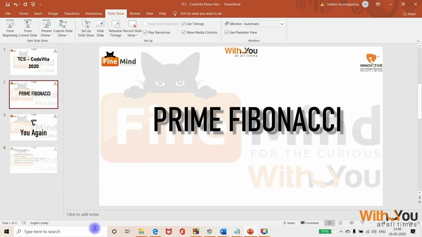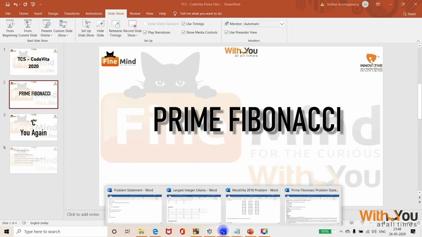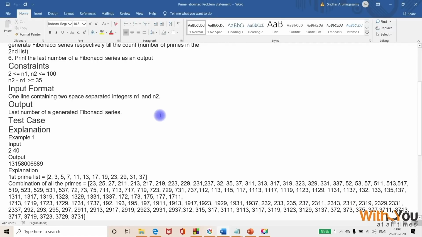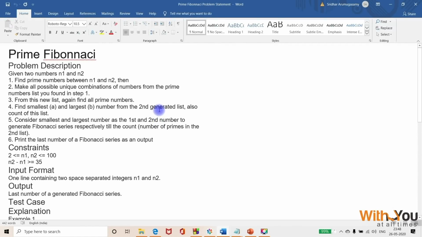Let's have a look at the code, look at the program. Let's read this prime Fibonacci problem description. Given two numbers n1 and n2, find prime numbers between n1 and n2. I can hear you people, I know it. Exactly. Whatever we have been doing in college, even the smallest thing, would be useful, ladies and gentlemen.